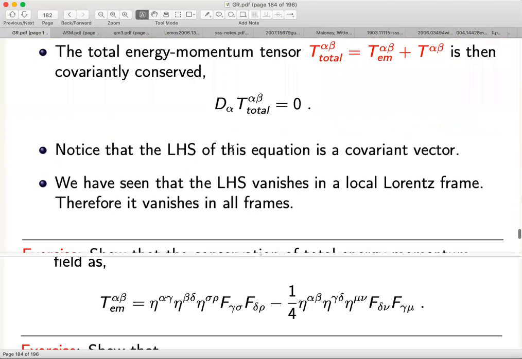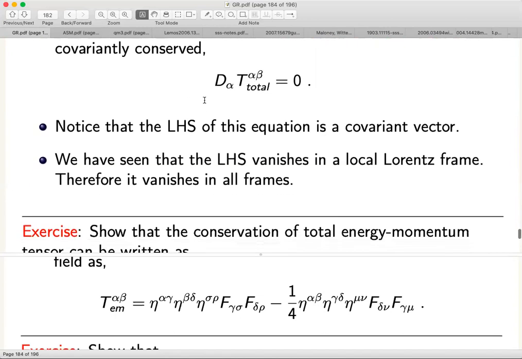Now, the left hand side of this expression is a contravariant vector, and it is set equal to zero. In the local Lorentz frame, we know that would have been just the partial derivative acting on T alpha beta equals zero. The conservation law would be true in all frames simply because it's a tensorial equation.